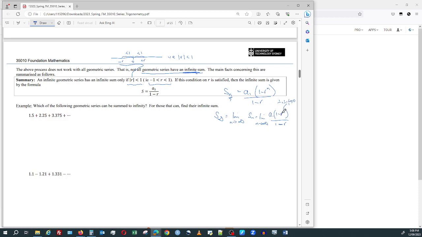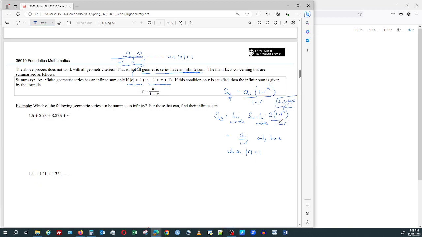So if r is a fraction, as it's raised to a power, what we'll end up with is, if that's 0, we just get a1 times 1. So we get a1 over 1 minus r. Now this is only true when |r| is less than 1, because of this up here.